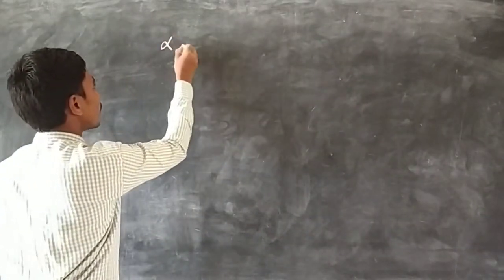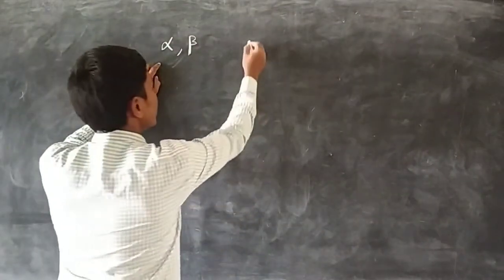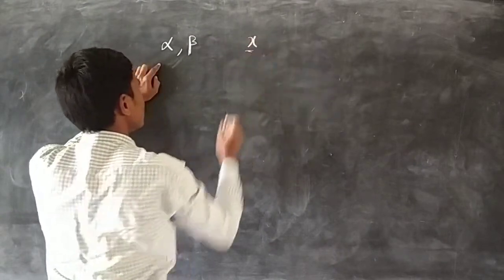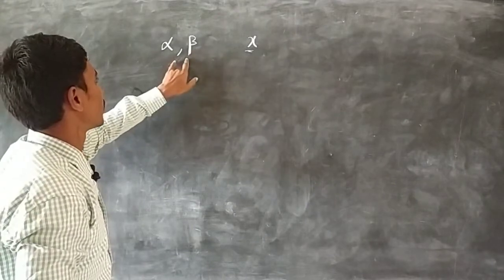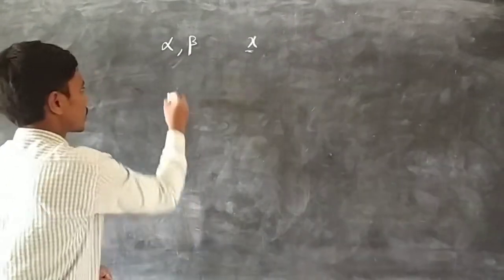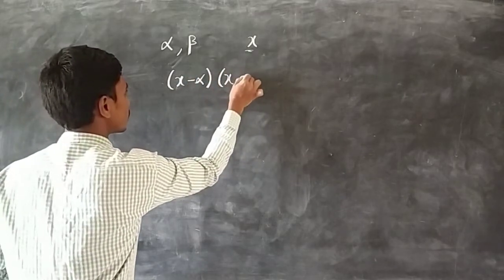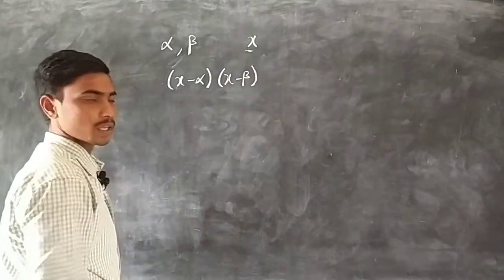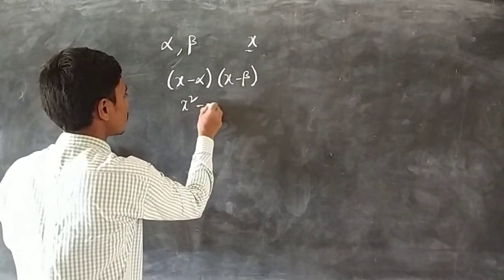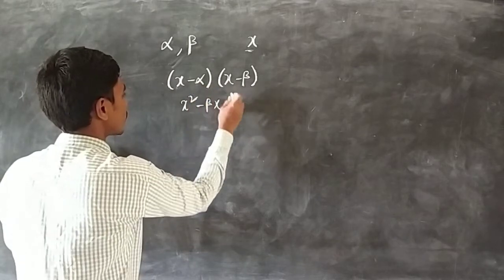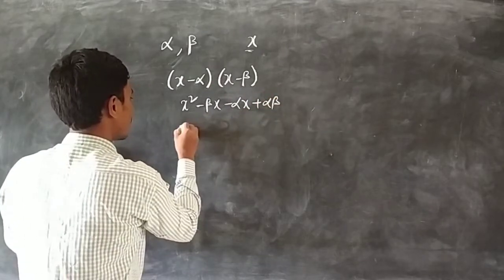If alpha, beta are the zeros of a quadratic polynomial of variable x, then shall we find the quadratic polynomial by using these zeros? Yes. The quadratic polynomial may be like this: x minus alpha into x minus beta. If you multiply, x into x is x square, x into minus beta, minus alpha into x, and minus into minus is plus alpha beta.